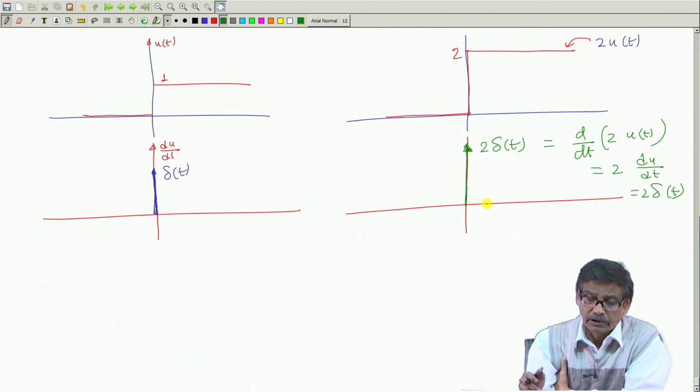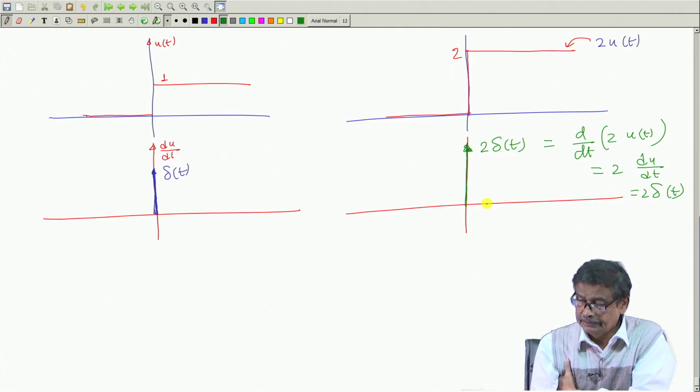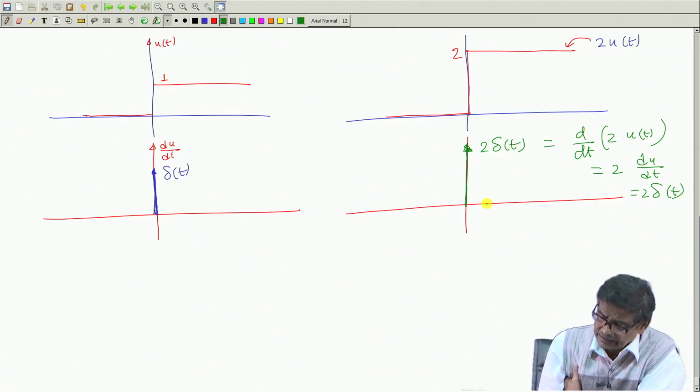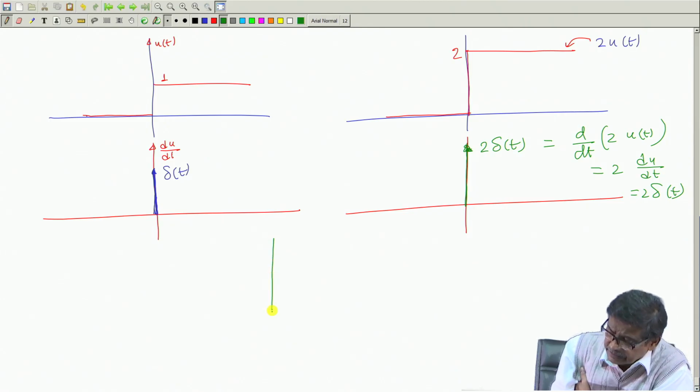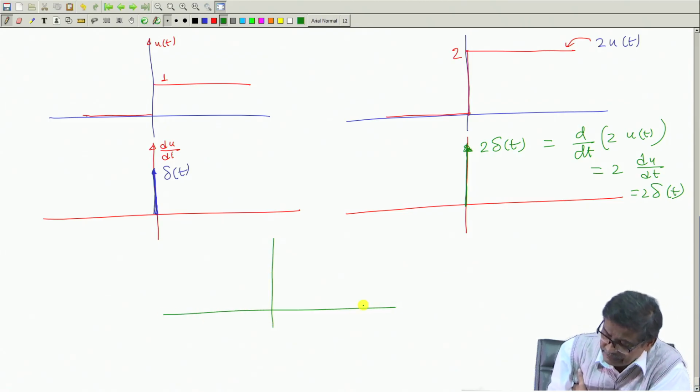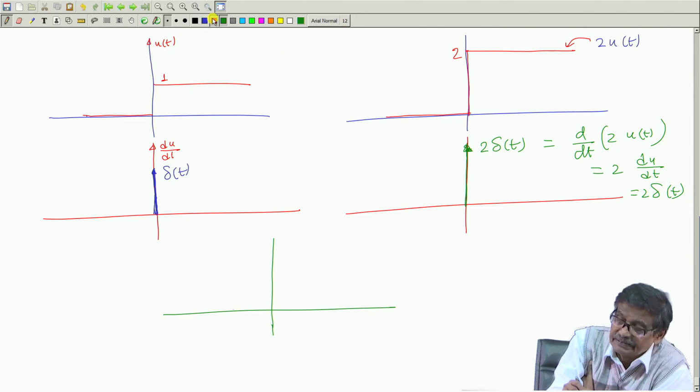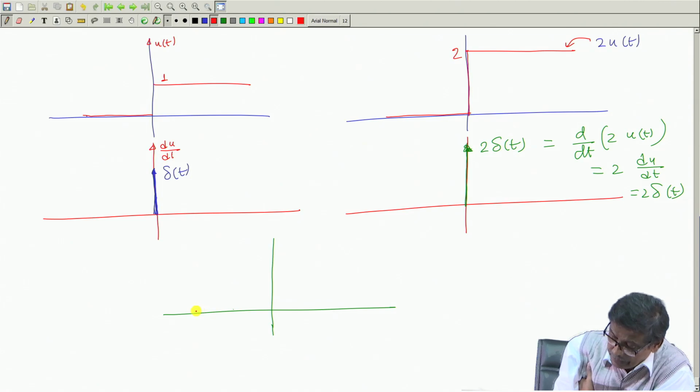But for the time being, why I told you up to this point is that, for example, here is a function, try to understand, a function like this, a square pulse.